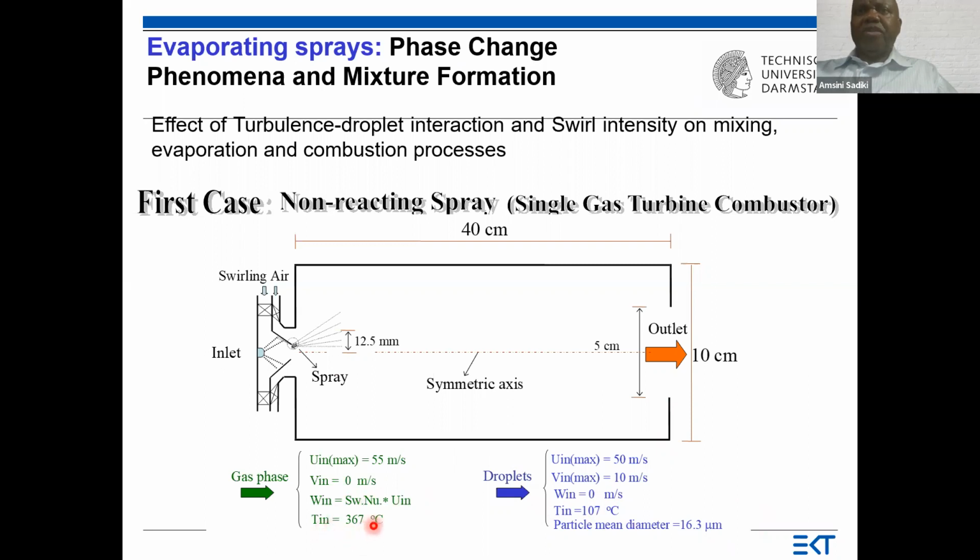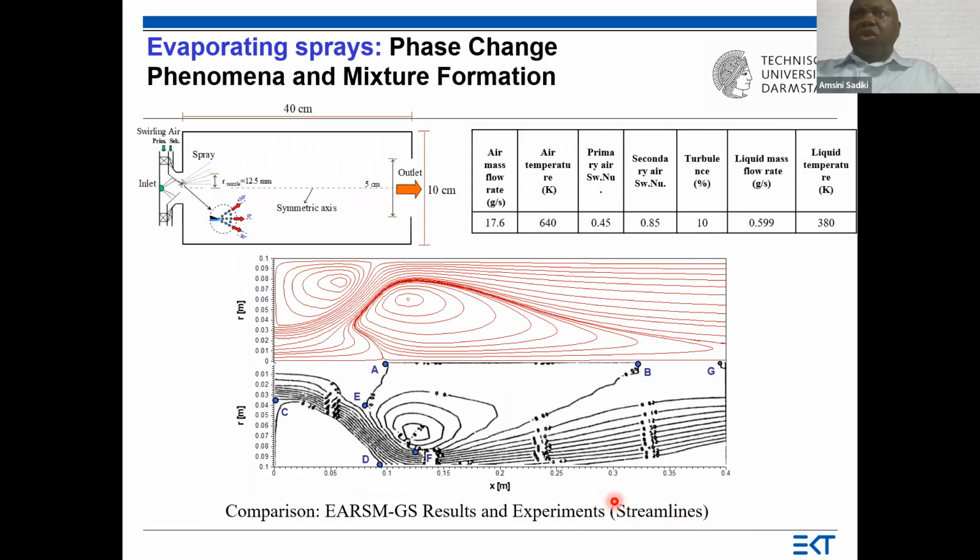The temperature is almost this temperature for the gas phase, and it is for the droplets. So we have evaporation, and it is not reacting at the moment. So what we obtain, we have these different properties, and at the end, let me compare.